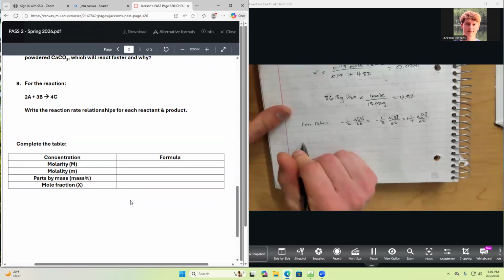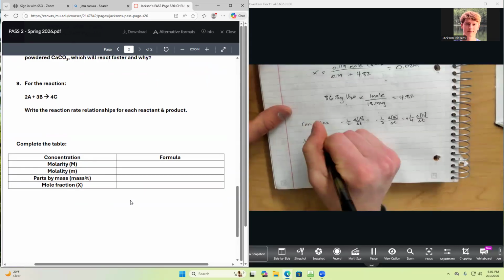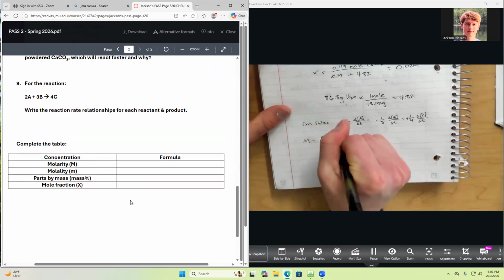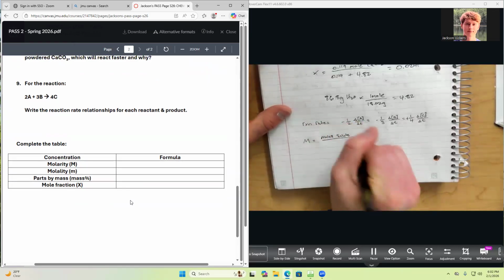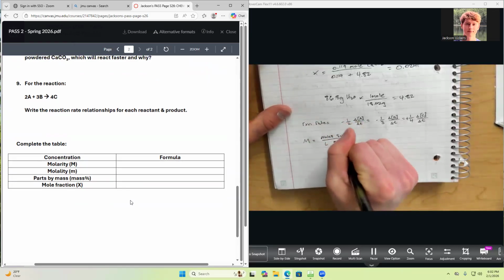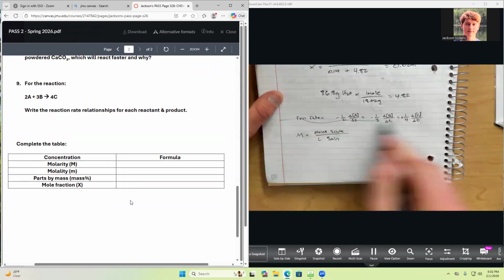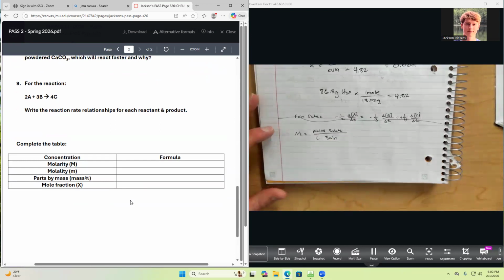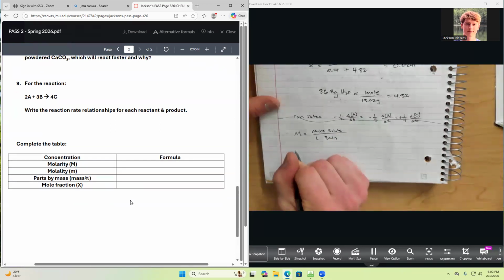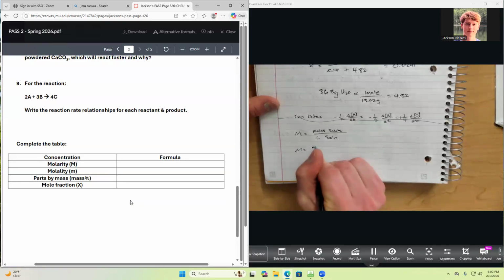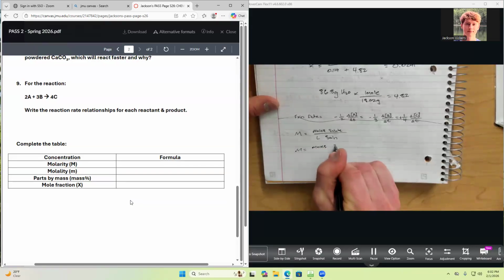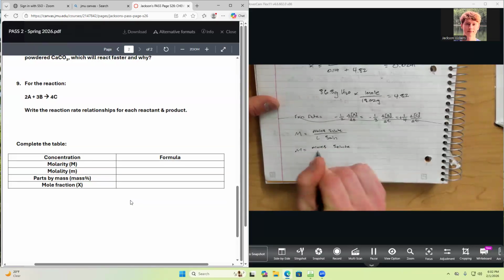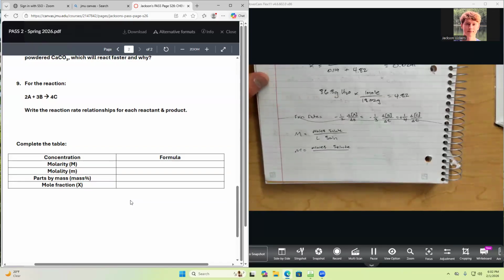So molarity is the capital M and it's moles of our solute over liters of the entire solution. Molality, we already talked about that a couple times today, is moles solute again in that numerator. But then what's the denominator for that one? Kilogram solvent. Yep.